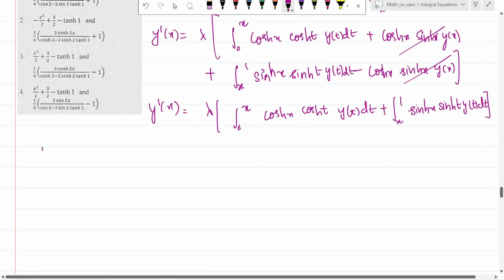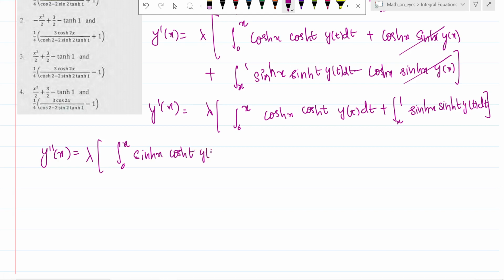So again taking differentiation, y double dash of x is equal to lambda outside, integral 0 to x, differentiation of cos hx is sin hx into cos ht into y of t dt, and the upper limit part will give you plus cos hx, and this is also cos hx, so cos h squared x into y of x. And the second integral will give you integral x to 1, differentiation of sin hx is cos hx, and this as it is sin ht into y of t dt, and the upper limit part is a constant, so this will become 0, and the lower limit part as it is.